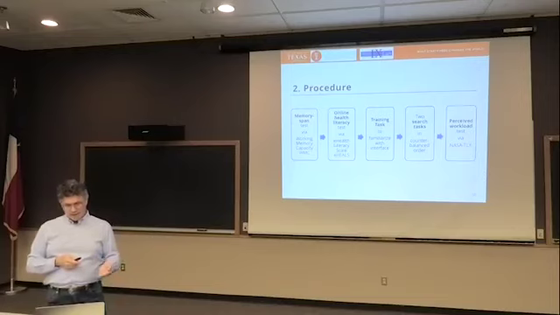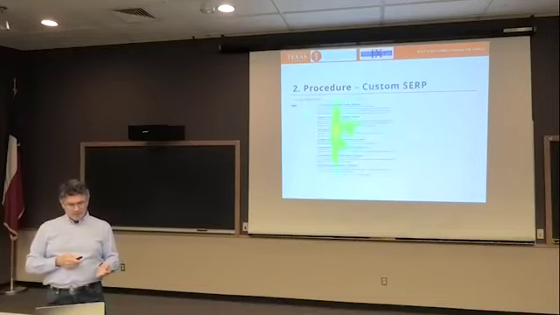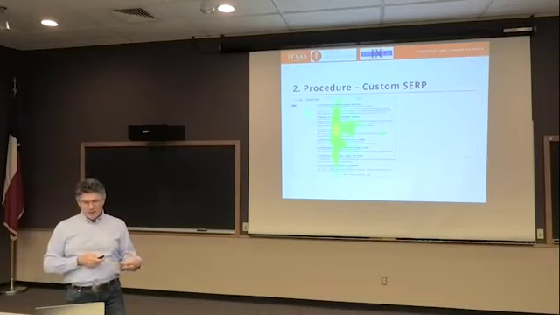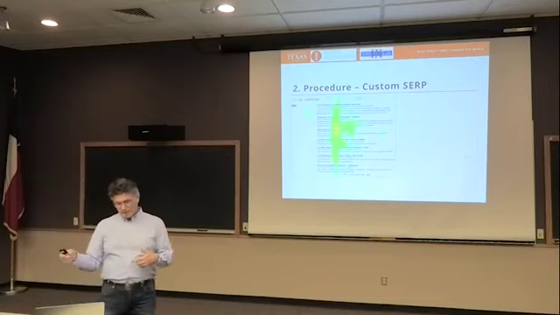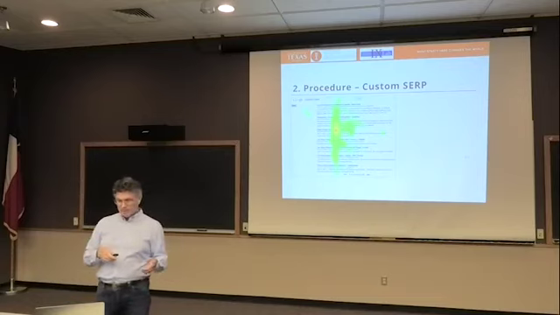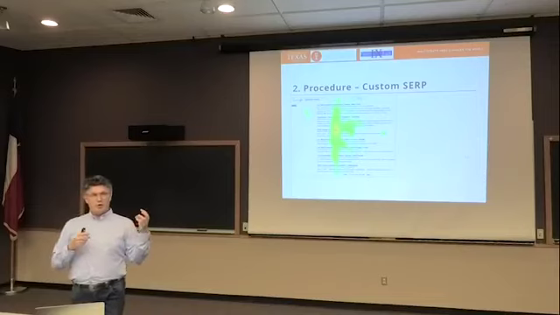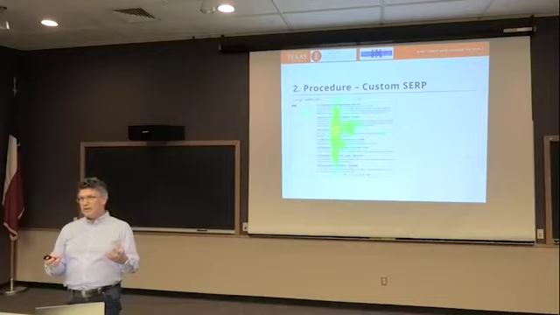with a Likert scale. So the system was using Google for search in the background, but there was a custom search engine results page, that is the page on which search engine results are displayed. And the reason for doing so was to have control over what type of results are shown to them.